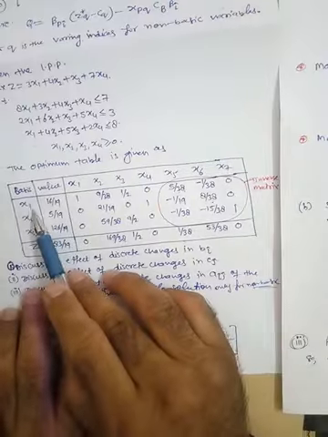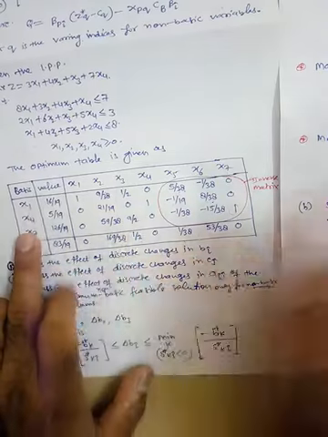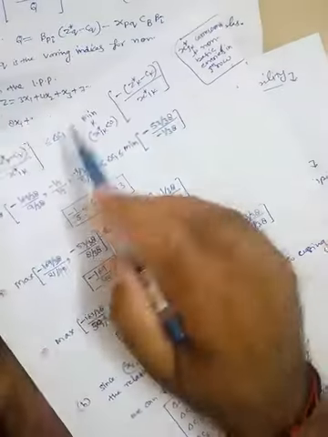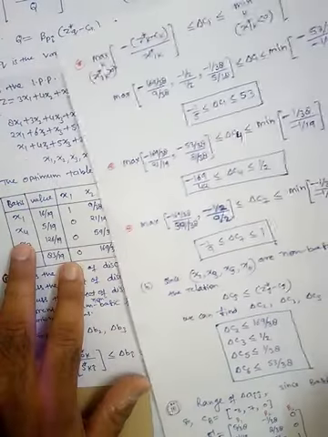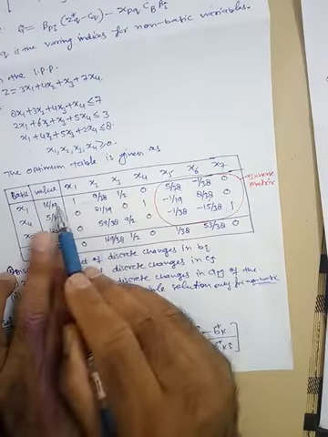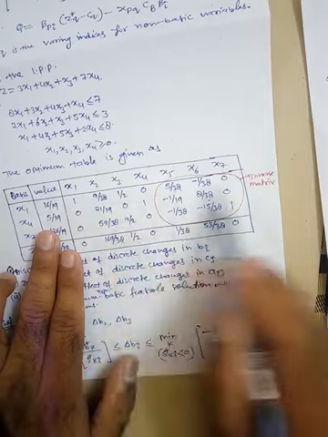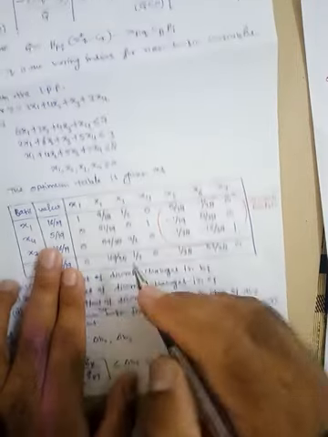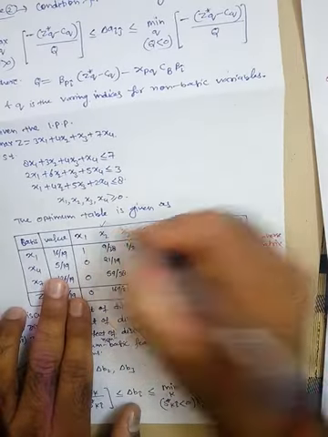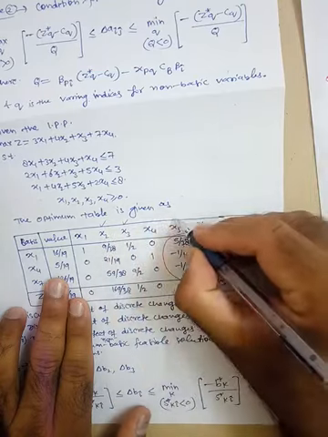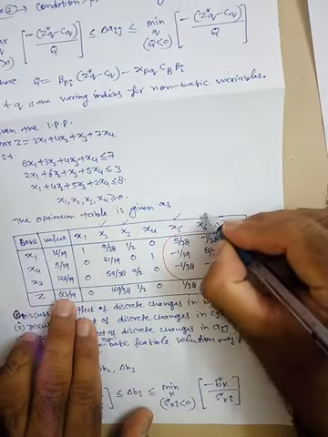So we are finding the range for C1, and we know that C1 is associated with x1. So we will move in this row, corresponding to the non-basic variables. This is a non-basic variable, this is a non-basic variable, this is a non-basic variable, and this is non-basic.